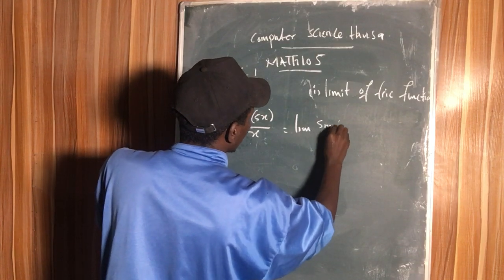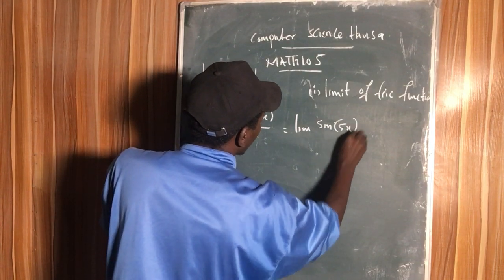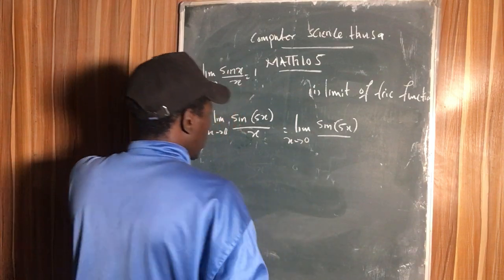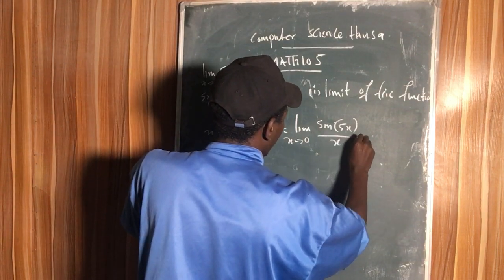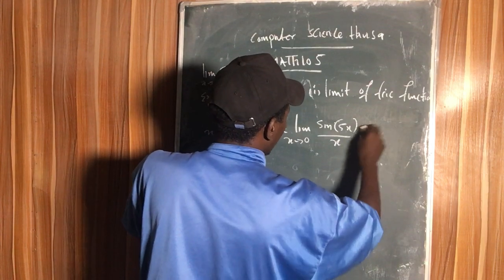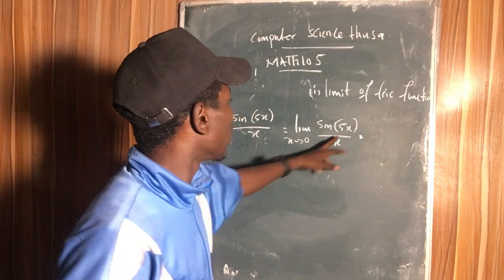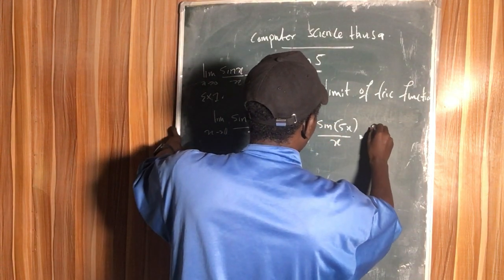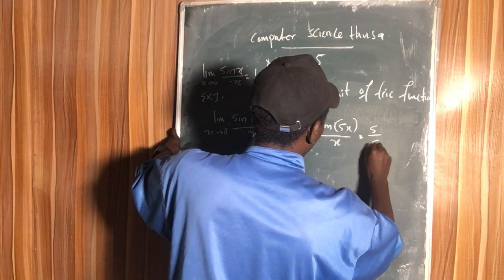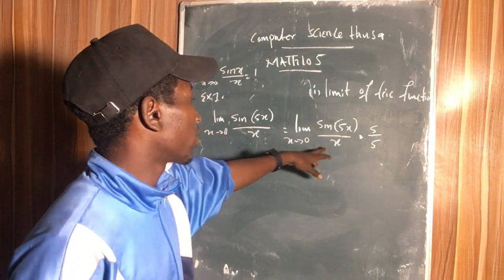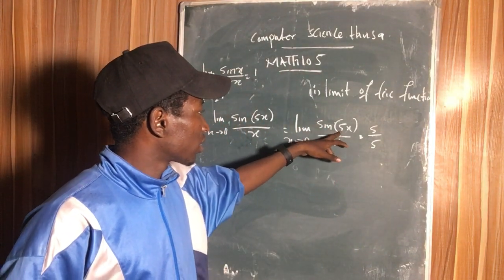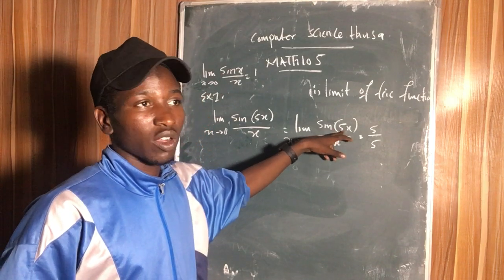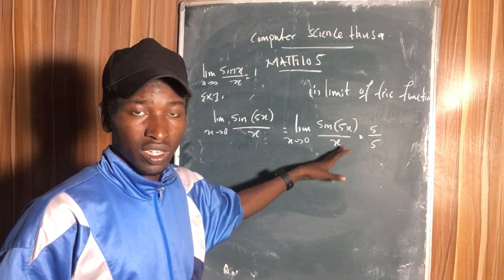Limit of sine 5x all over x times 1 times 5 as x tends to 0. Same as when we multiply the numerator and the denominator by the coefficient of x, which is 5.